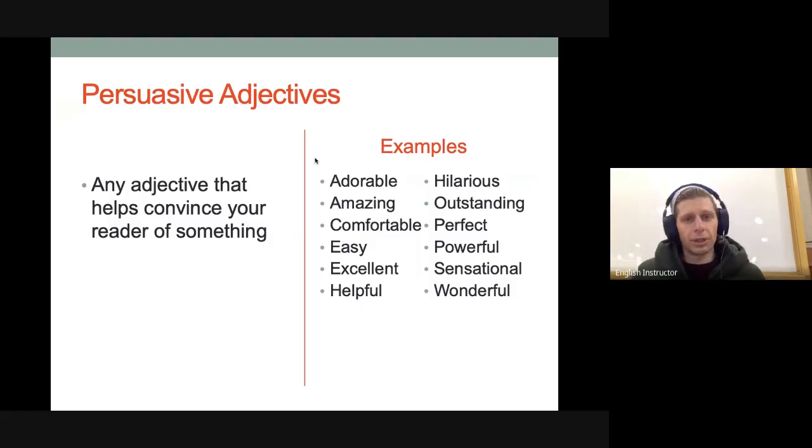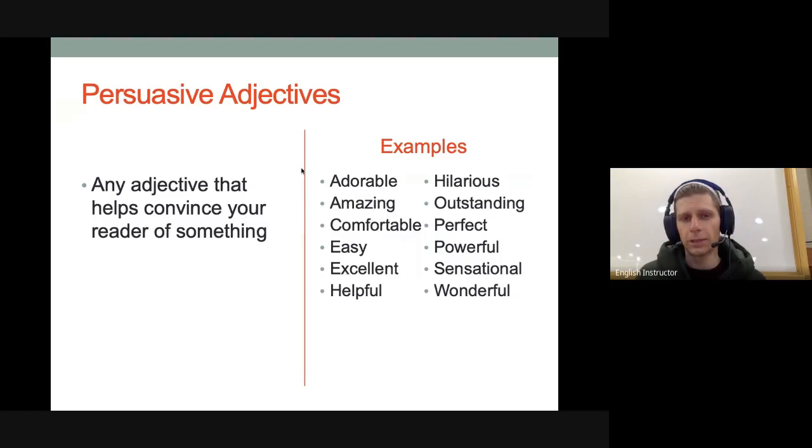So the first thing that we can do to make our writing more persuasive is we can use persuasive adjectives, right? So persuasive adjectives are going to be any adjective that helps convince your reader of something. So you're describing, because that's what an adjective does, but it's something that's going to convince your reader.